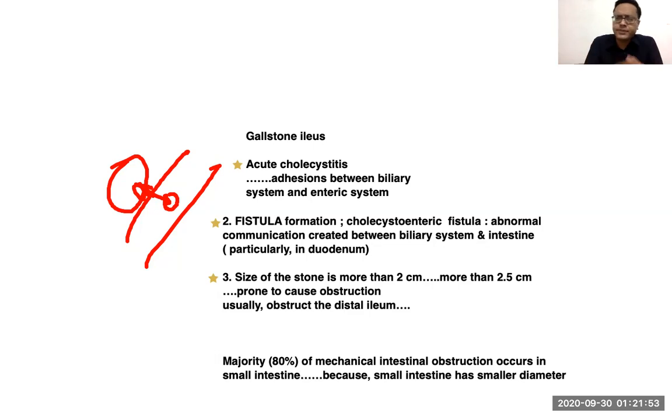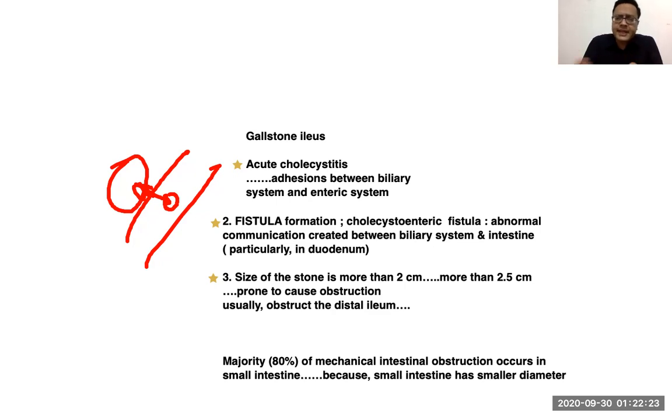What is a fistula? A fistula is an abnormal communication or channel between two epithelial surfaces. So this cholecystoduodenal fistula creates an abnormal communication between the biliary system and the duodenum. Through that channel, the gallstone, which was there in the patient with cholelithiasis, would come and get entry into the enteric system.